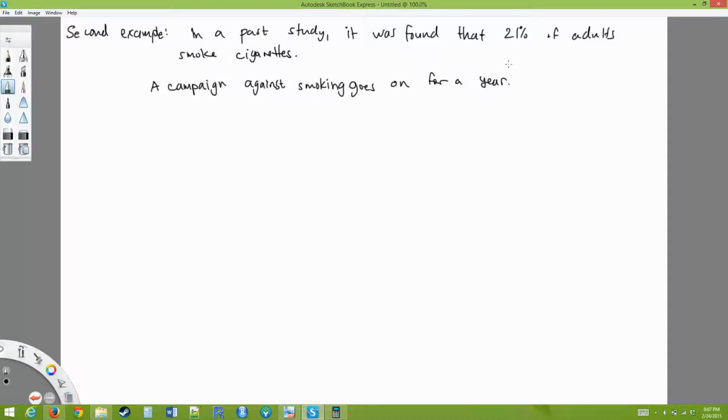And they want to know, was this campaign successful? So we want to know if the proportion today after the campaign is less than 21% of adults. That's basically what we want to know, okay? So the question that we have: do fewer than 21% of adults smoke cigarettes after the campaign?